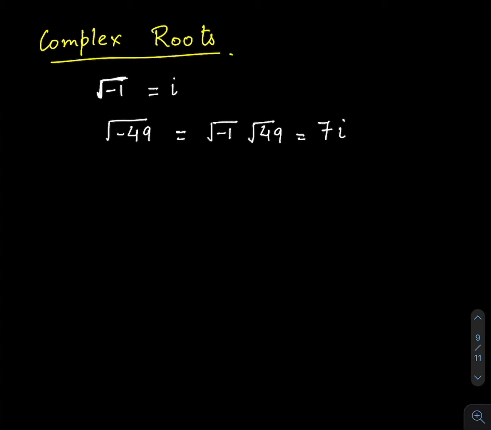Square root of 49 is 7, so we get 7i. So defining the square root of -1 equal to i, we basically defined the square root for all negative numbers. We just need to remember this one little thing, that the square root of -1 we denote by i. We call it iota.